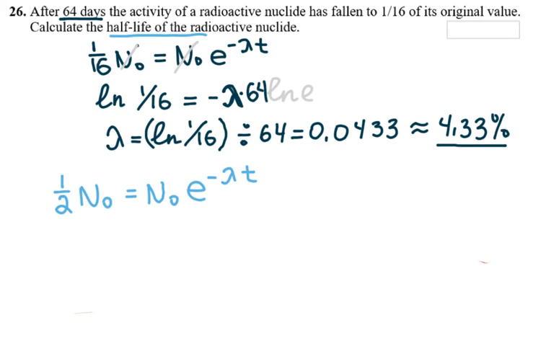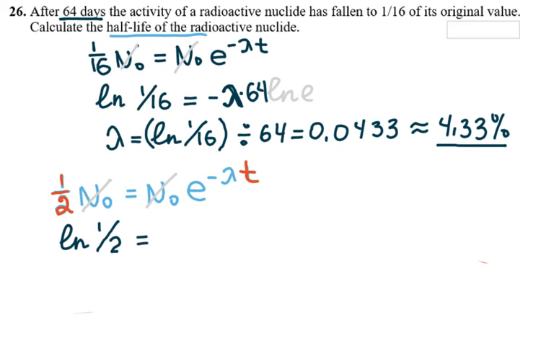In this case I'm calculating the half-life time, because the result is going to be 1/2 of the initial value. So to do that, I can again cancel the initial value and take the natural log of both sides. So I'm going to have the natural log of 1/2.